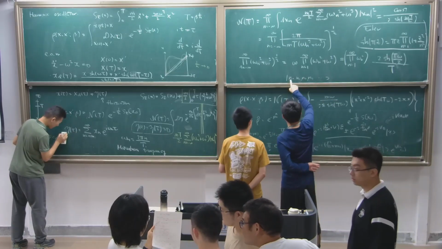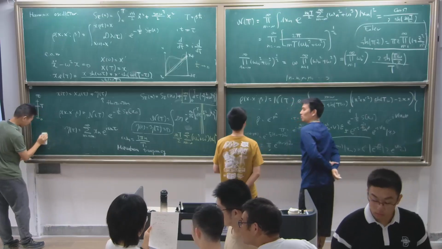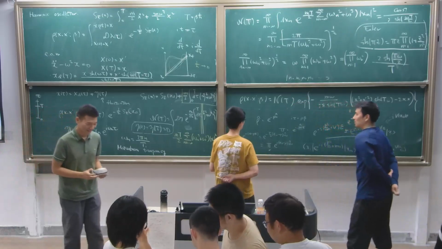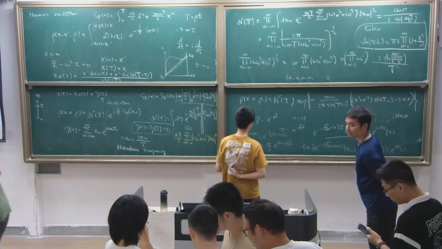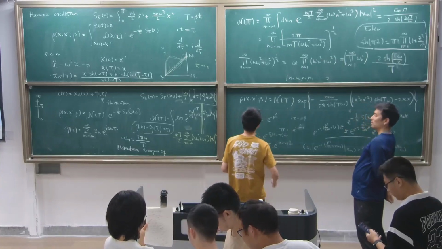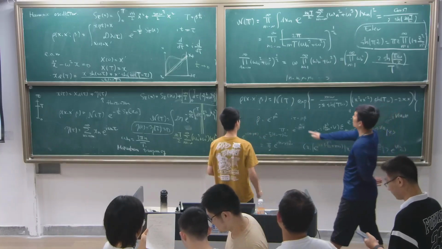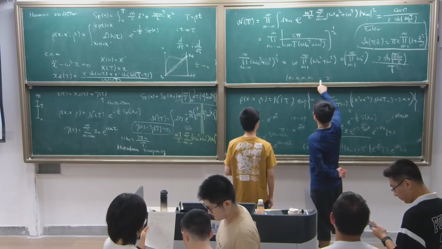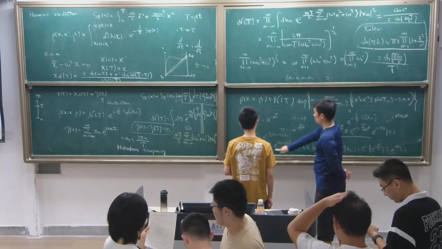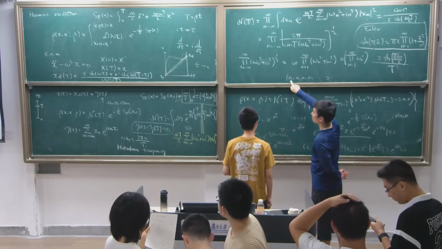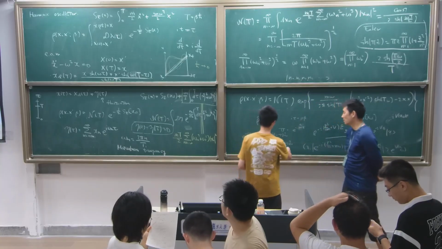How can you have all possible ending states? How can you have all possible ending?